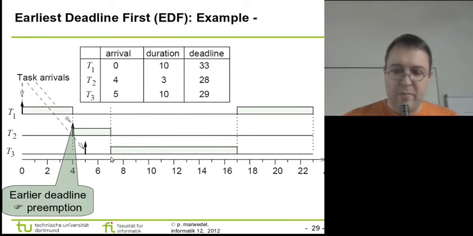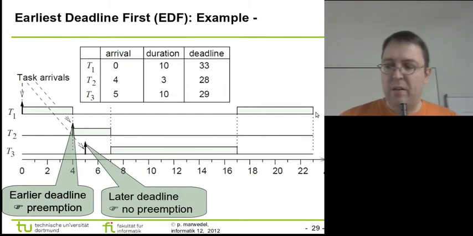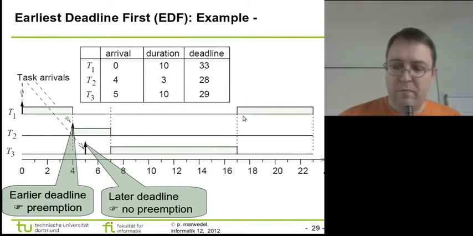So finally at time 7 T3 is started, and T3 now executes for 10 units until it's finished, and when T3 is finished here, T1 again can take over and execute until it is finished.